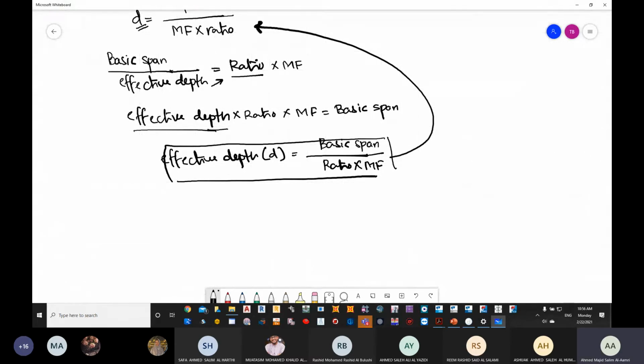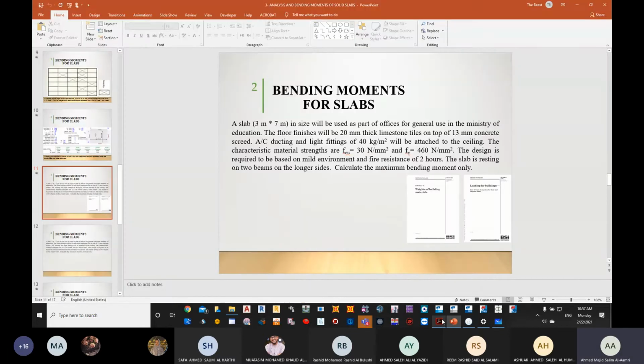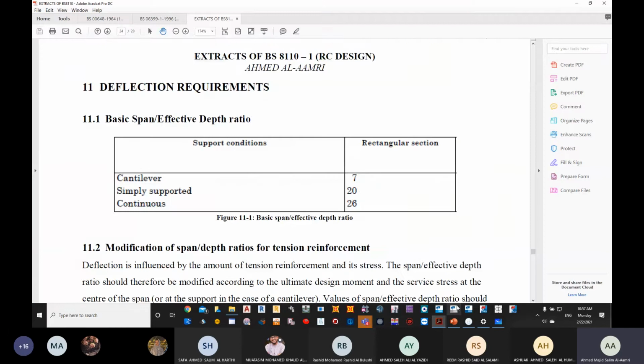So now the effective depth is equal to basic span. If you remember, our slab was 3 meter by 7 meter, and my short span is 3 meter, which is the shorter span, so 3000. Ratio: my element is simply supported, so how much is the ratio? The ratio is 20.